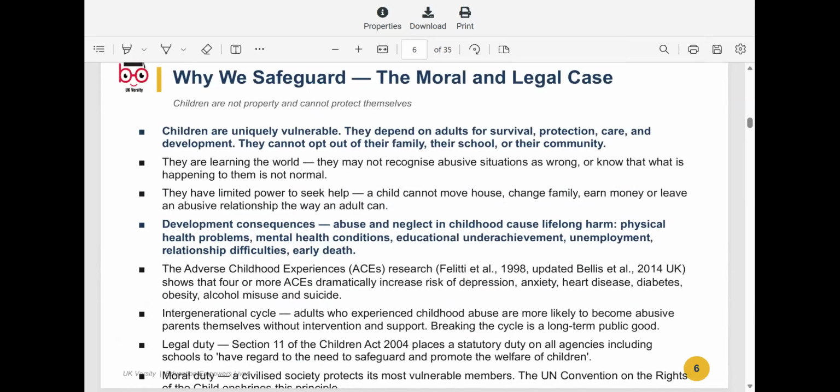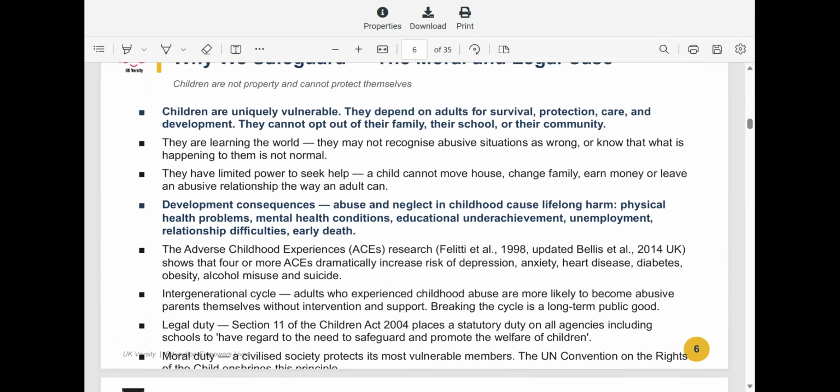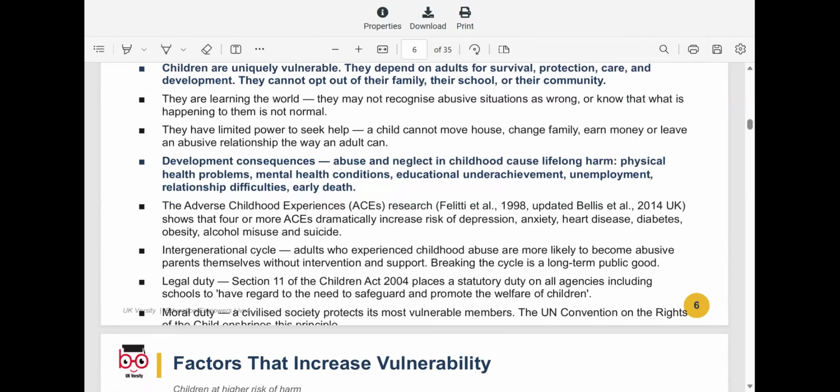So the moral and legal case for children. Safeguarding is really important. It's very important for children and those that are vulnerable. And it's a moral and legal duty because children possess individual human rights which are distinct from adults or parents, and lack developmental capacity and the legal standing to protect themselves from any sort of exploitation, abuse, or neglect.